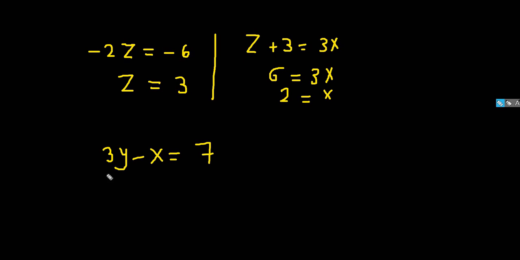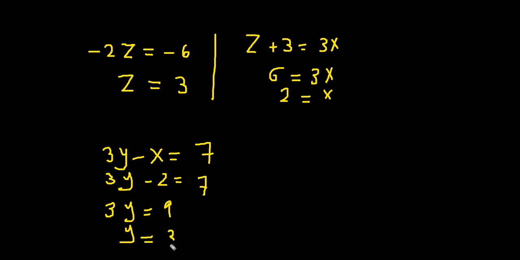Replace x and put 2 instead of it. 3y minus 2 equals 7. 3y equals 9. Dividing both sides by 3, therefore y equals 3. The value of x equals 2, the value of z equals 3, and the value of y equals 3.